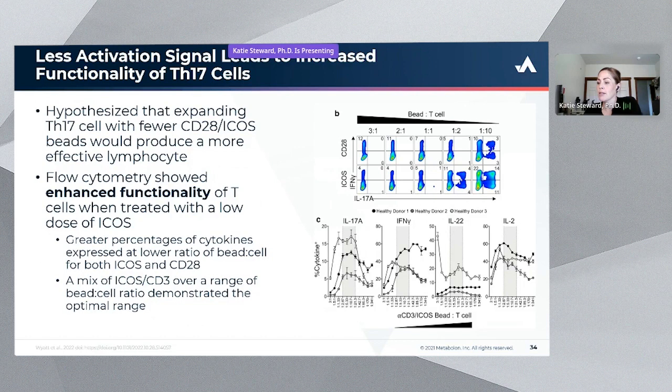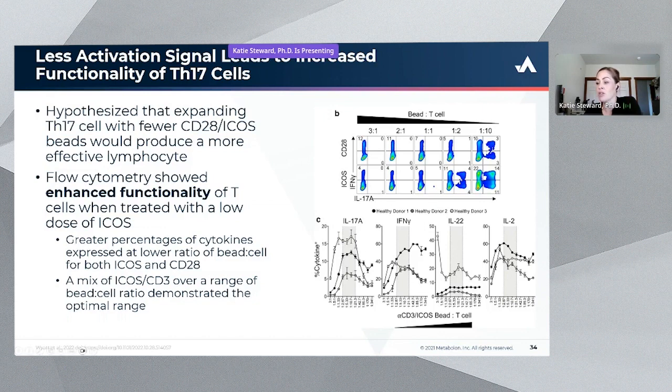The researchers wanted to investigate the theory that expanding the T cells with fewer ICOS or CD28 beads would produce a more effective lymphocyte. And you're able to see here on that flow cytometry, when they lowered the ratio of beads to T cells, they had more cytokines produced, and they were able to produce a more effective T cell.